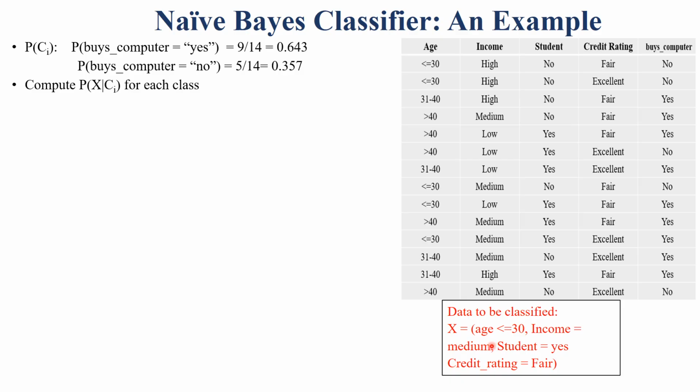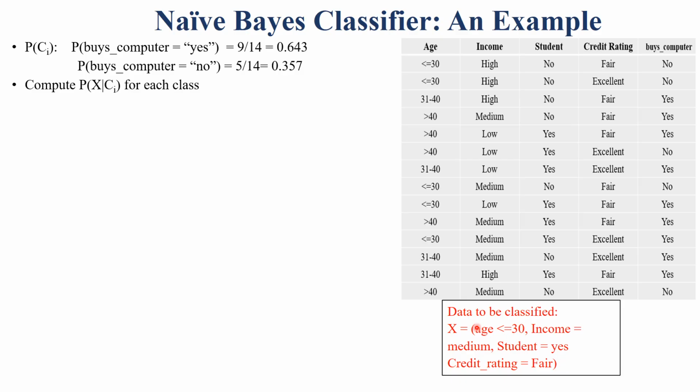We have to compute the probability of the age less than or equal to 30 for the classes C1, C2, and the probability of the income medium for the classes C1, C2, probability of the student yes for the classes C1, C2, and credit rating fair for the classes C1, C2.